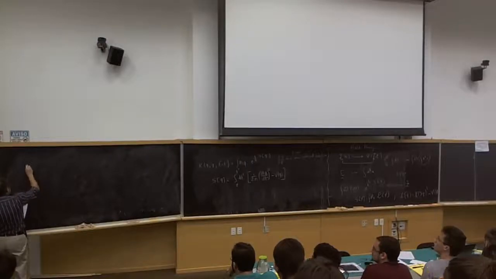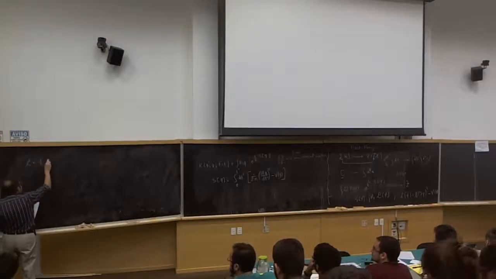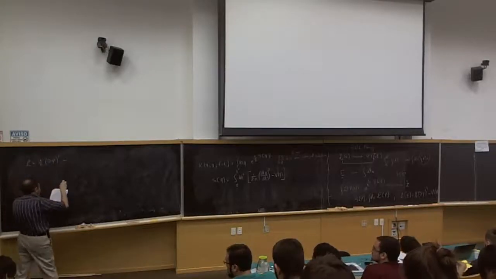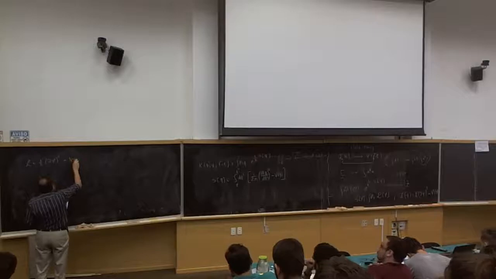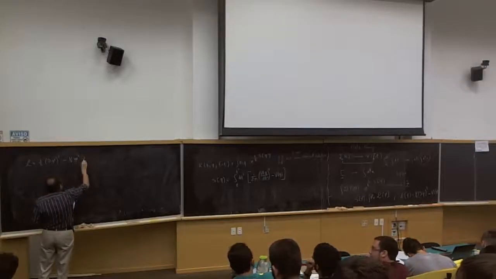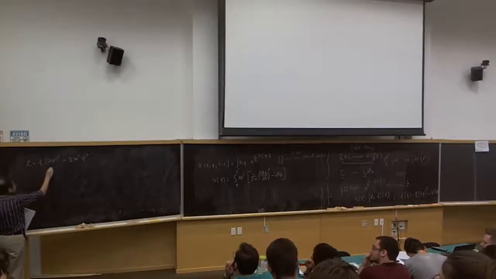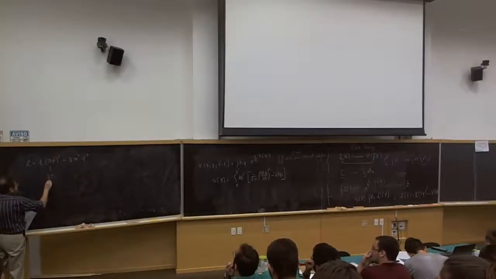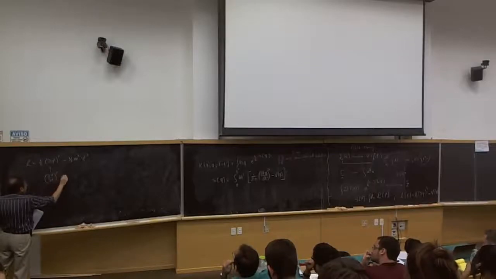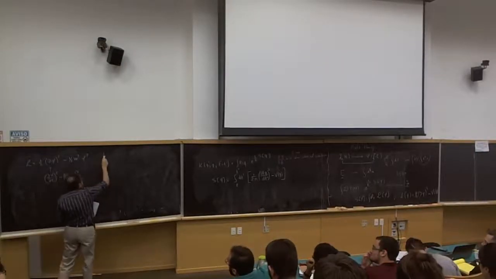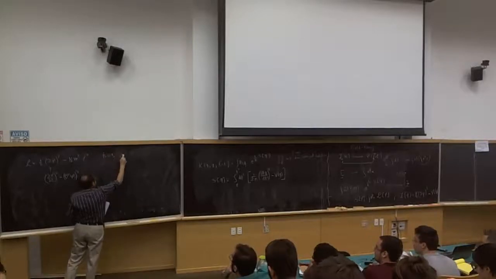So the Lagrangian is 1/2 (partial phi) squared minus 1/2 m squared phi squared. Remember, this is the phi dot squared minus the gradient of phi squared. I'm working with h bar equal 1 and c equal 1.